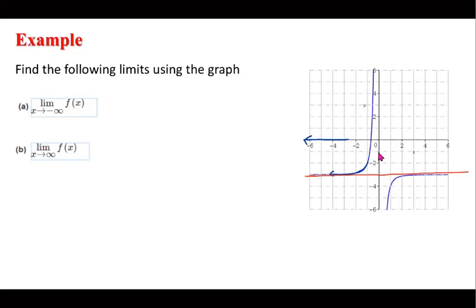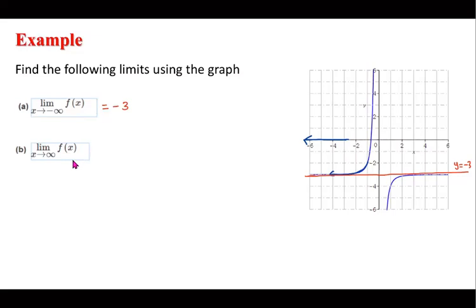If we count, this is 1, 2, 3 units below the origin, meaning this is y equals -3. The function is approaching a y value of -3. That means the limit as x approaches negative infinity of that function is -3.